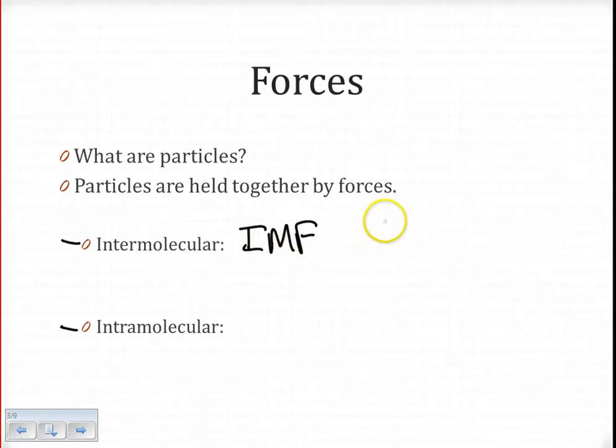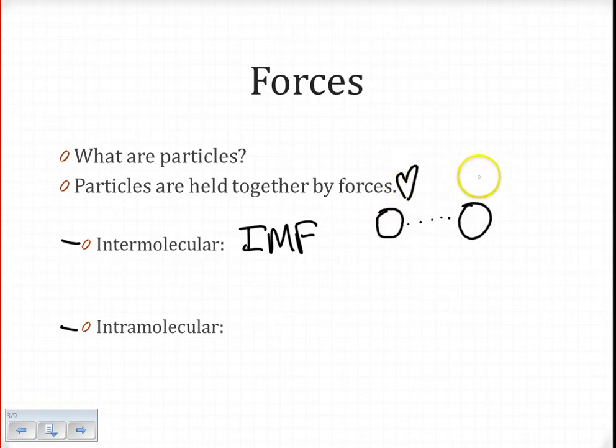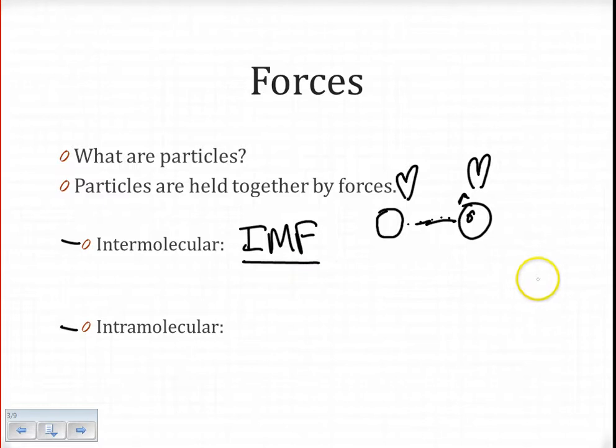They exist between particles or molecules of stuff, and they are attracted to each other. So this guy is attracted to this guy. You're like, yay, see, they're all in love. So there's an attraction in intermolecular forces, and we abbreviate that IMF.